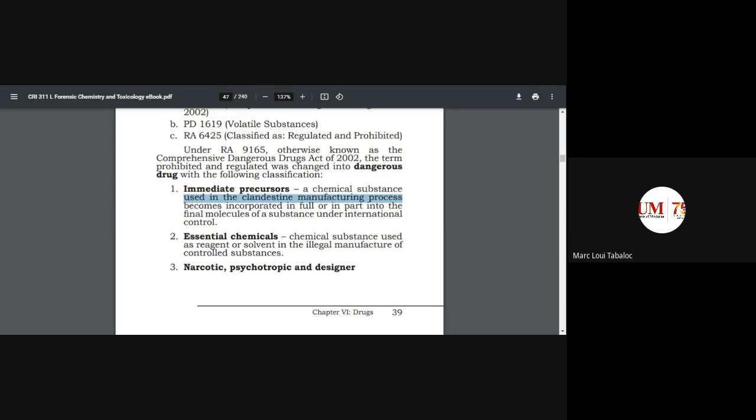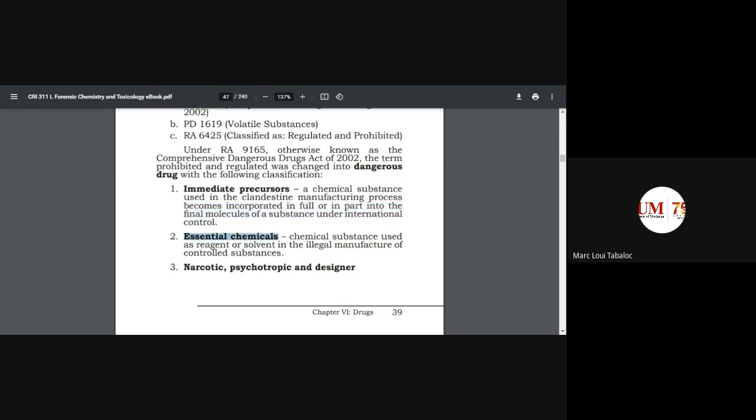Ingredients na kanang murag chip in, and once na mag-mix na yan sila, then you have the final illegal drug product. Okay? Becomes incorporated in full or in part into the final molecules of a substance under international control. Itong immediate precursors, kinokontrol ang content nito, kinokontrol ang distribution nito ng bawat gobyerno. It is under the United Nations Convention on Organized Crime and Dangerous Drugs.